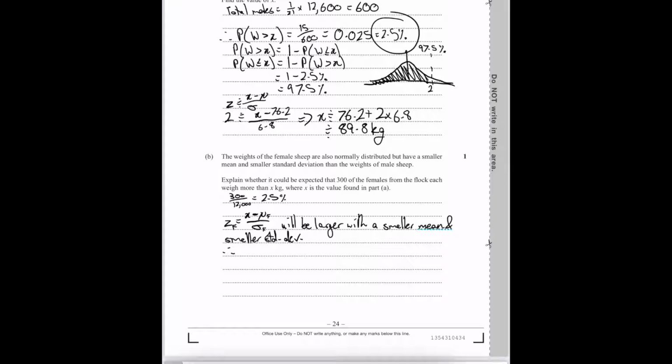Therefore, the proportion of females with weight WF greater than x is smaller than 2.5%, which we now know is also 300, and therefore smaller than 300.